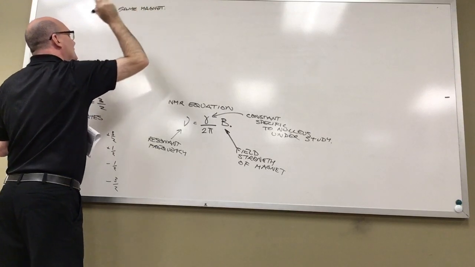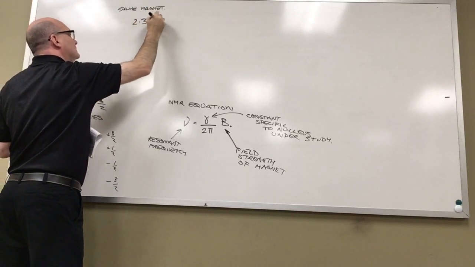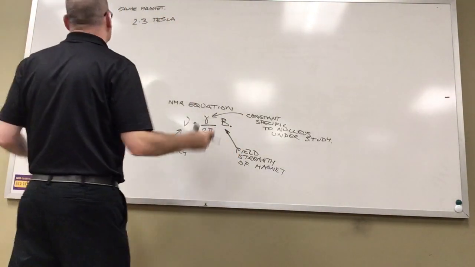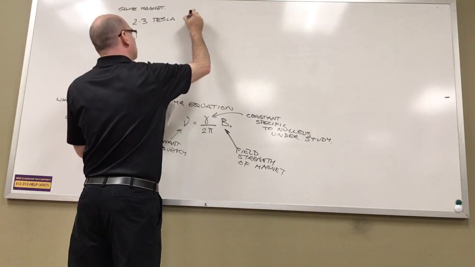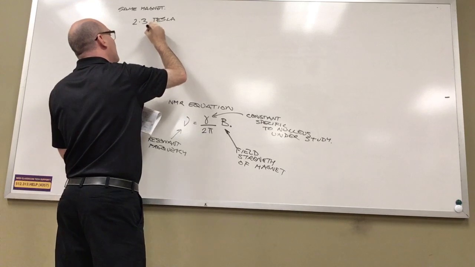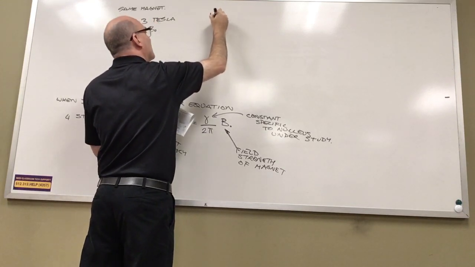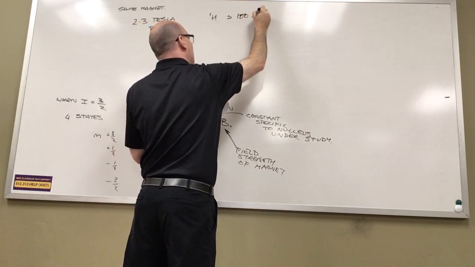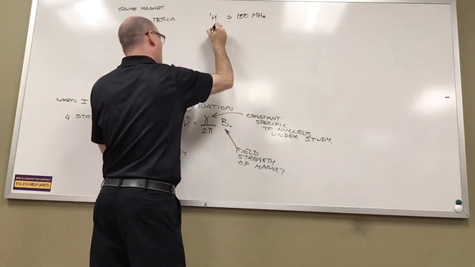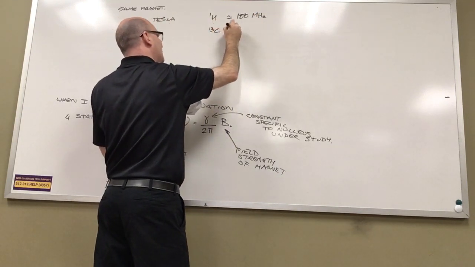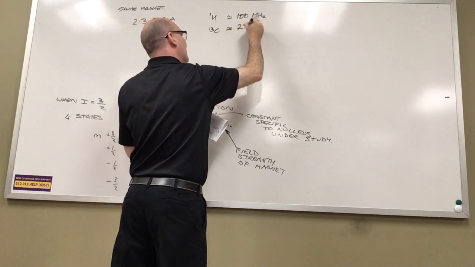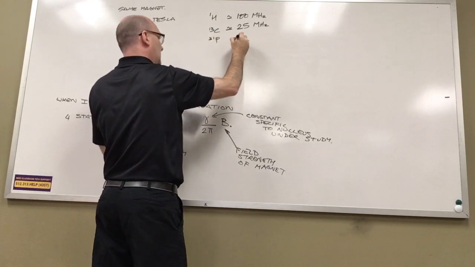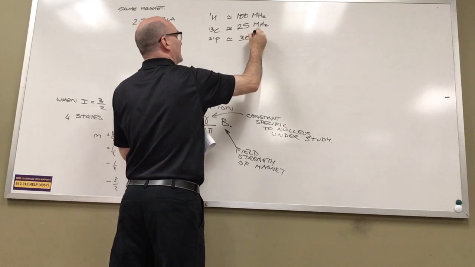So if I use the same magnet, and it had a field strength of 2.3 Tesla, that would be my B0. Hydrogens would come into resonance at about 100 megahertz. Carbons, because they have a different magnetogyric ratio, would come into resonance at about 1/4 of that value. And phosphorus at about 30.